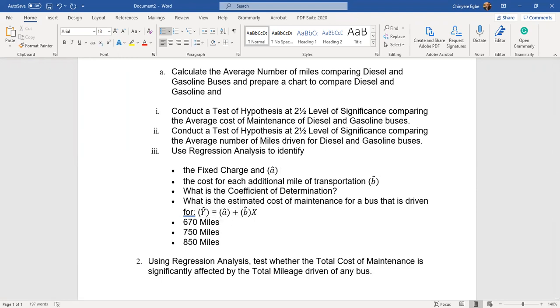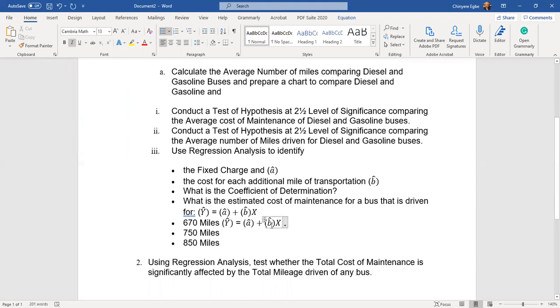For this one, for example, we're going to have A hat plus B hat times 670. This will be the estimate for 670 miles. You get it now?